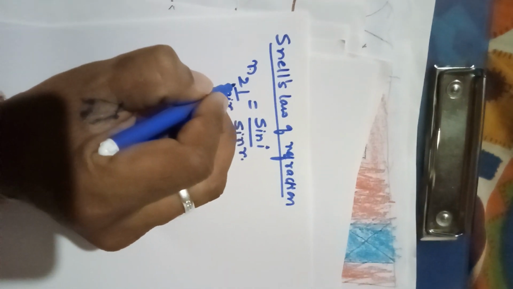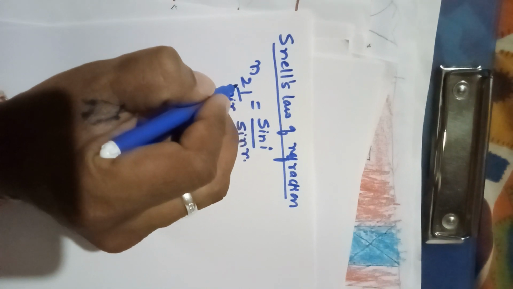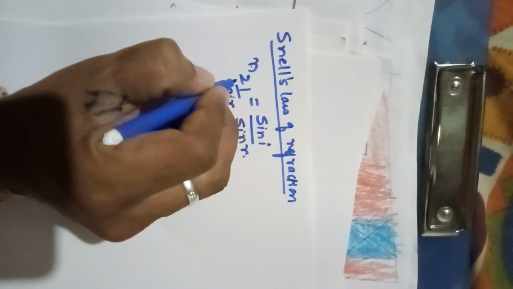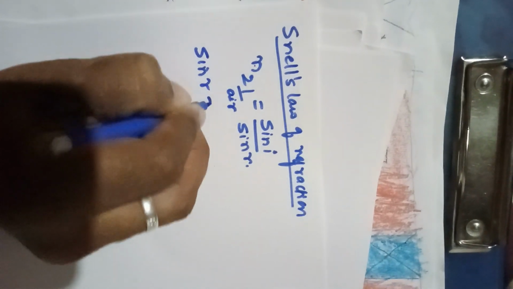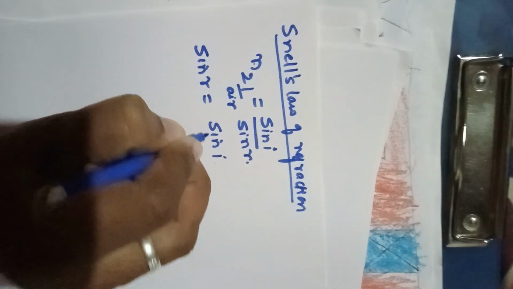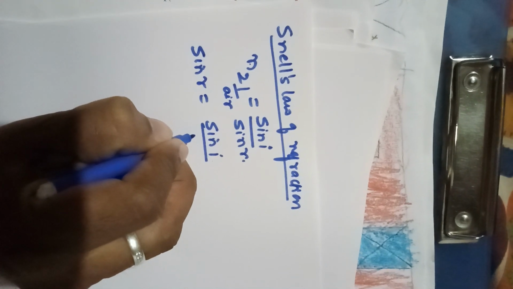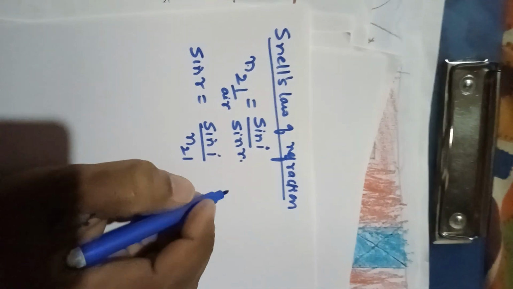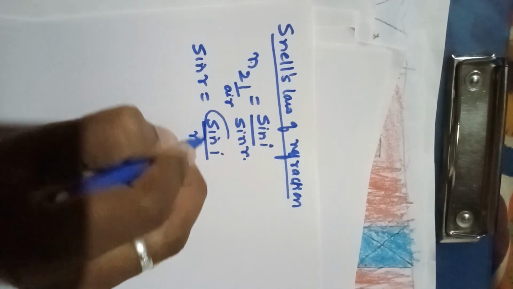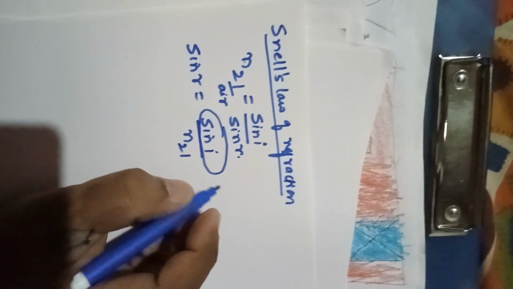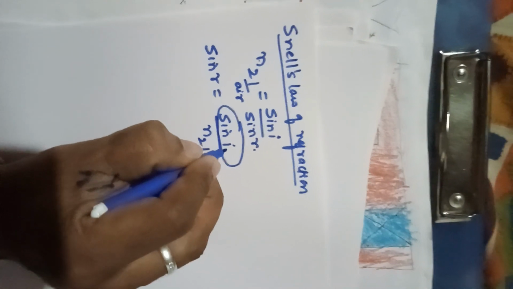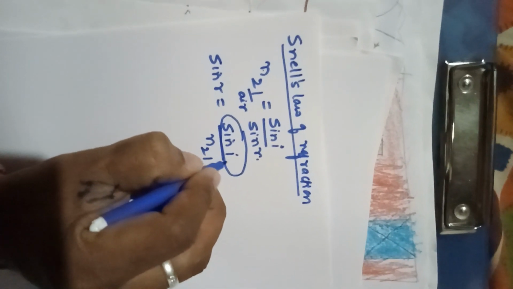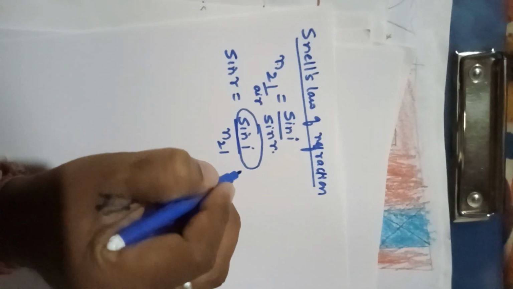If you take water as another medium other than air, then water will be the second medium. Now from this I can write sin r is equal to sin i by n21. Now this sin i will be constant for all the three media. Why? Because the value of i is constant in all the three media, that is angle of incidence is same for all the three media.